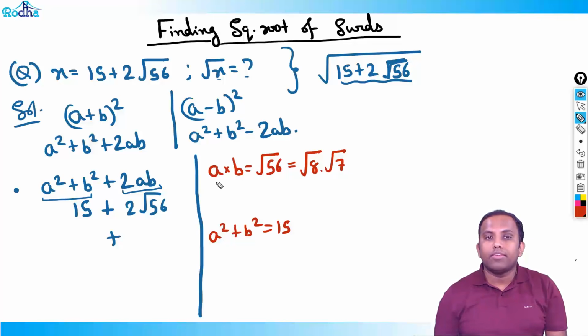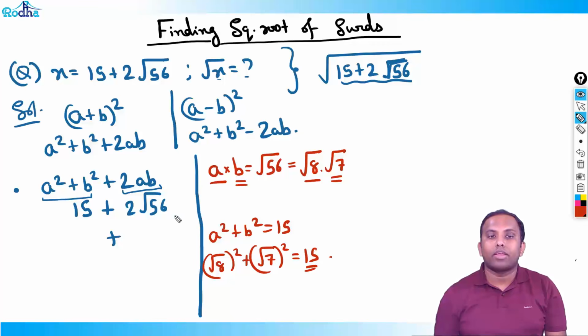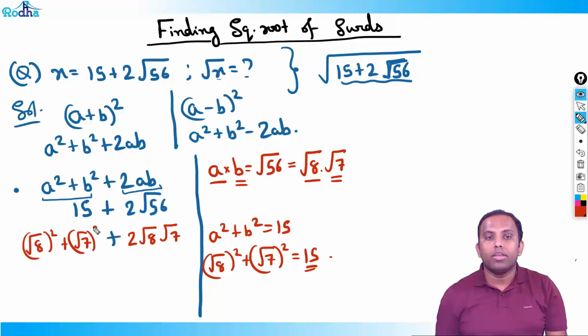So if a is root 8 and b is root 7, that means root 8 squared plus root 7 squared will give me 15. So it is satisfying, right? What does it mean? I need to break it like 2 into root 8 into root 7, and a square plus b square is 15. So root 8 squared plus root 7 squared is 15.